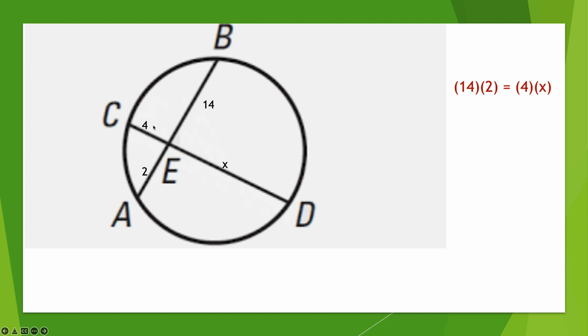The way I used to word it in class, standing at a smart board or, back in the old days, a chalkboard, pointing to these things: this times this, the ones in the same chord. So the 4 times the x, they're in the same chord, is going to equal the 14 times the 2. So 14 times 2 equals 4x. 28 is 4x. Dividing by 4, x is 7.